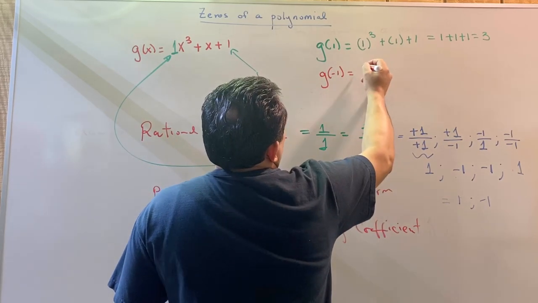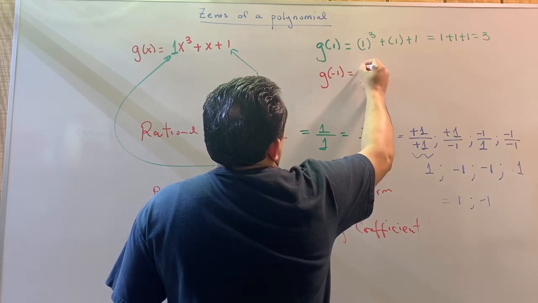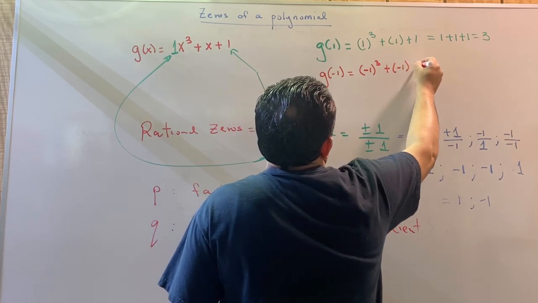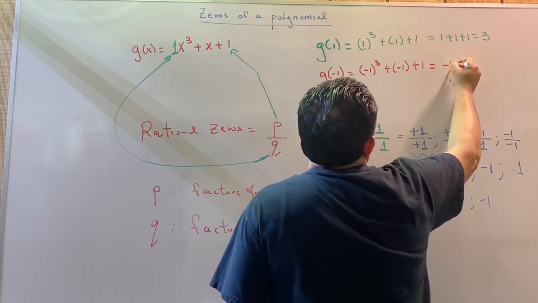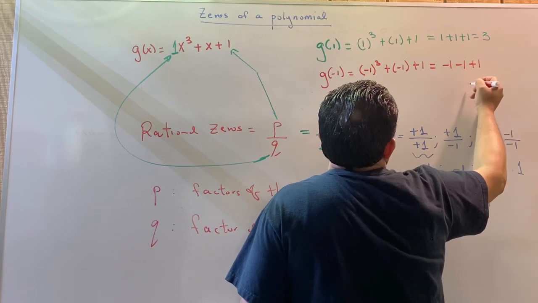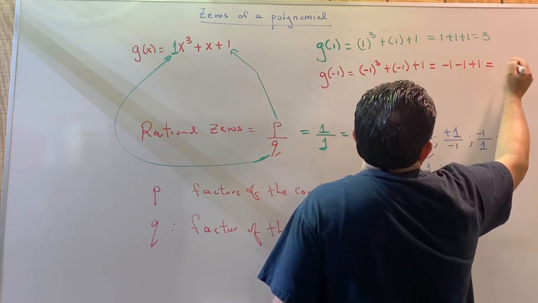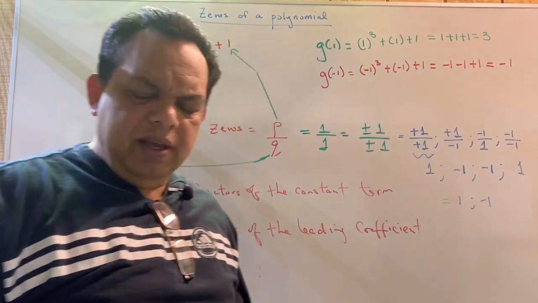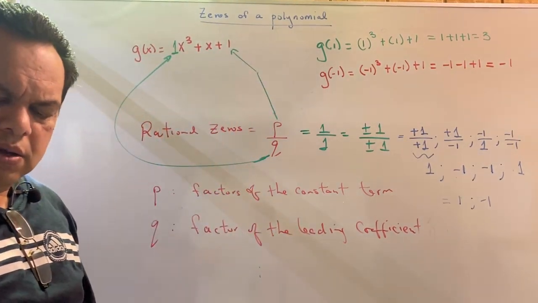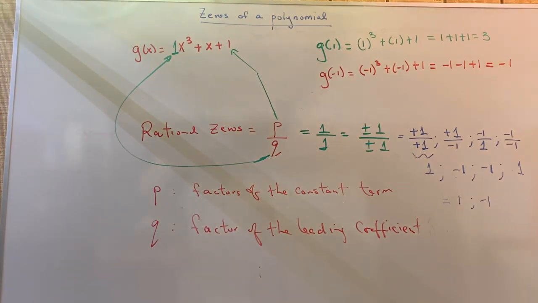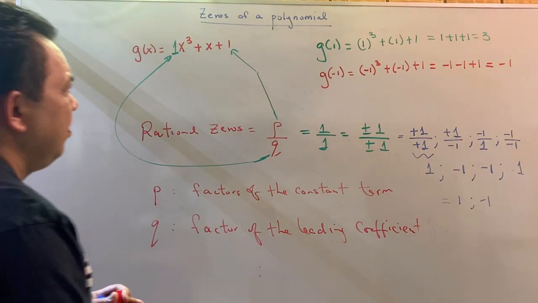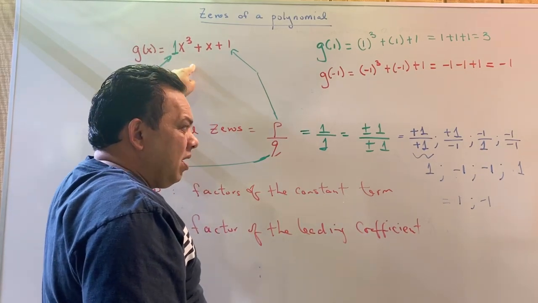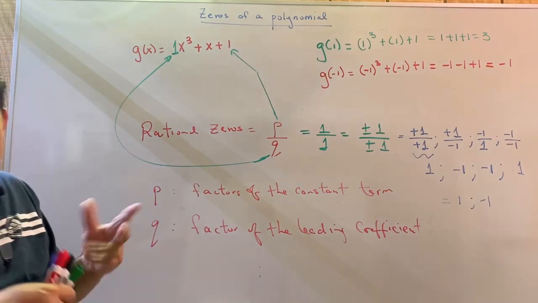Well, this becomes negative 1 cubed plus negative 1 plus 1, which becomes negative 1 minus 1 plus 1, which is equal to negative 2 plus 1, negative 1. So what does that tell me? Well, it's telling me that this polynomial g of x does have a zero, but it's not a rational number. It's an irrational number.